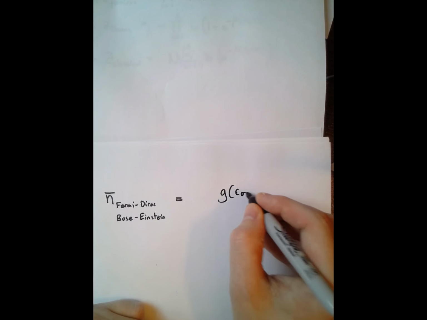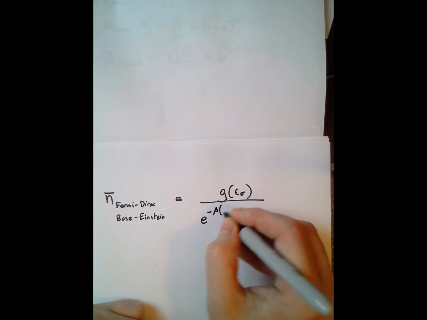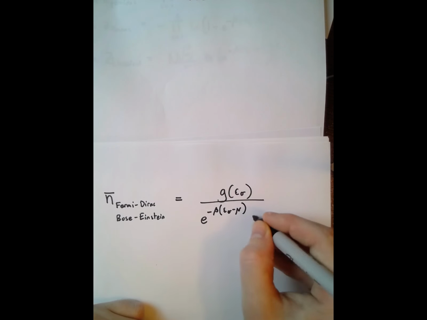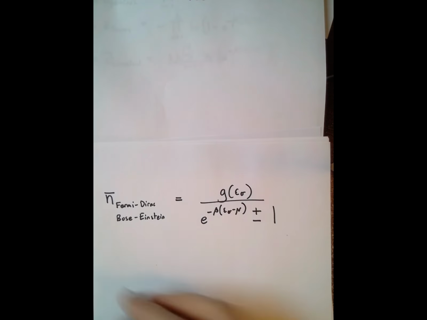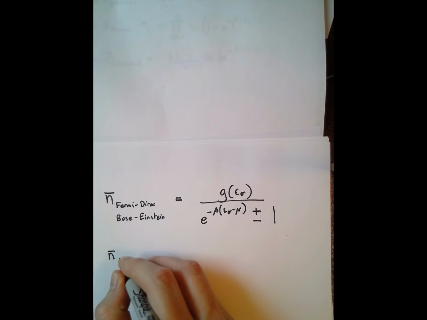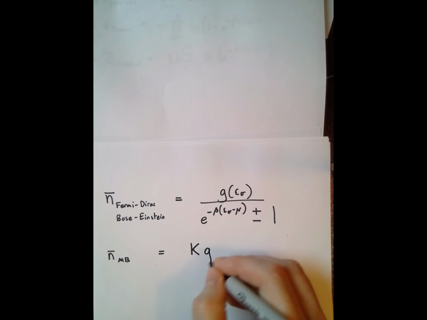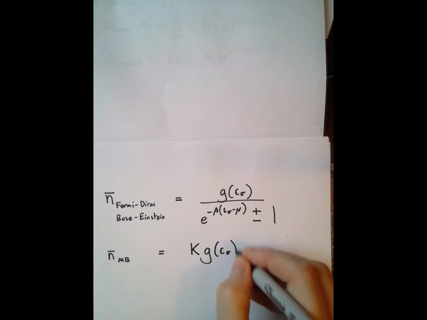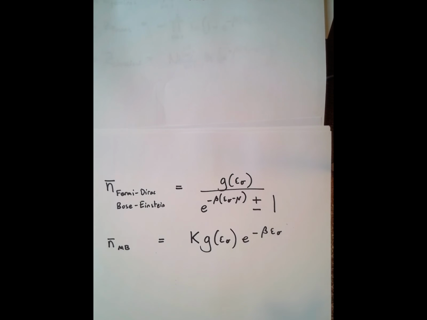This is just the degeneracy divided by e to the minus beta epsilon sigma minus mu plus or minus 1, where plus is for Fermi-Dirac, minus is for Bose-Einstein. And then the Maxwell-Boltzmann distribution is a constant. Let's insert the degeneracy factor again. And this is e to the minus beta epsilon sigma.